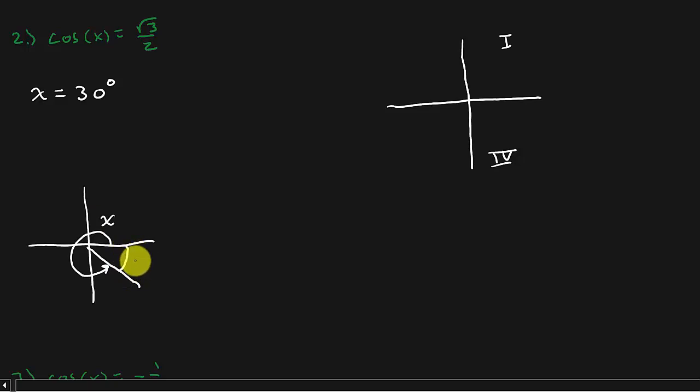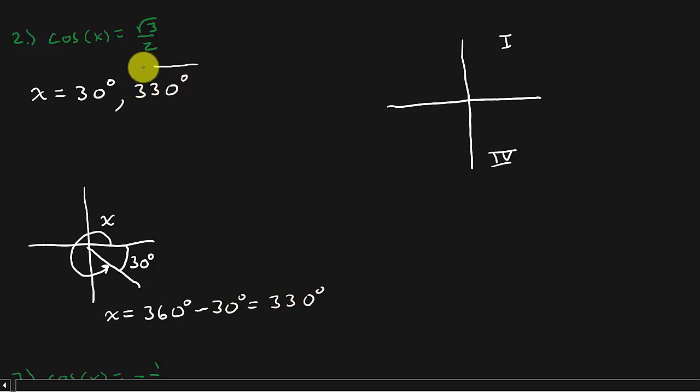So here's your reference angle, 30 degrees. So that means x is equal to, so we go all the way around to 360 and subtract off the reference angle. And so that's 330 degrees. So our solution in the fourth quadrant is 330 degrees.